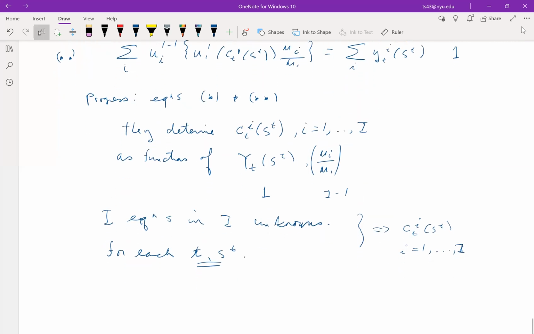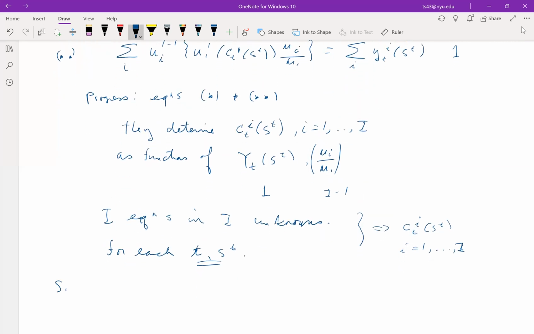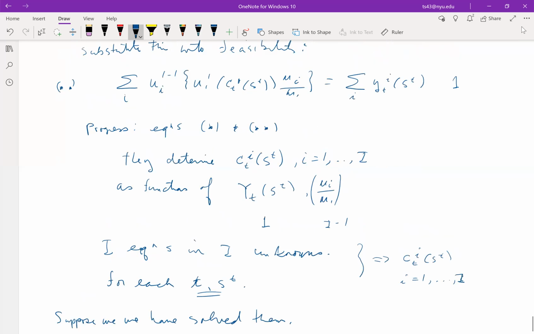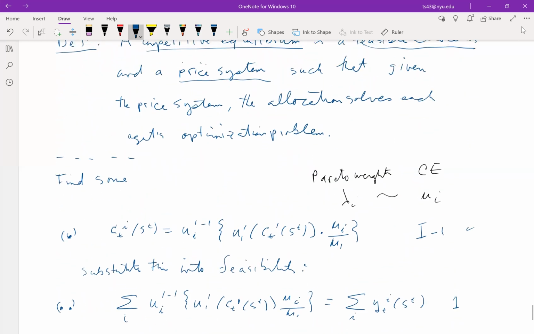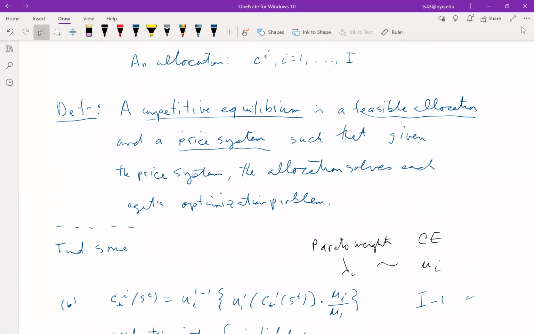Okay. So let's say we've solved them. Suppose we have solved them. Have we finished finding a competitive equilibrium? Well, we just have to go back and remind ourselves what a competitive equilibrium is.